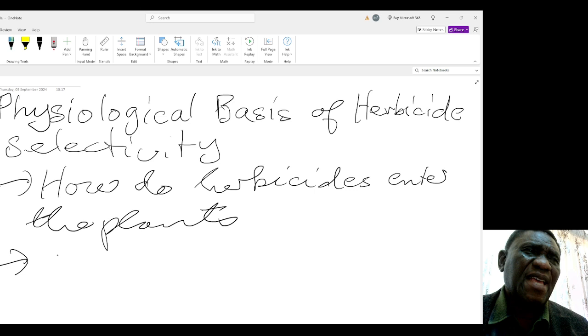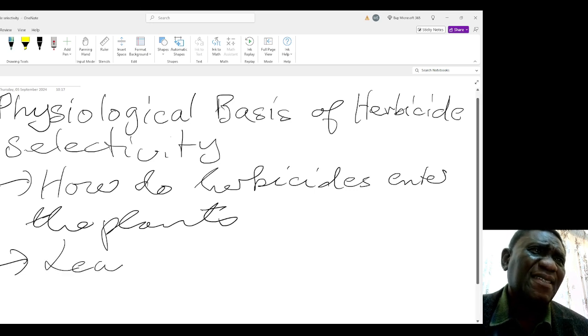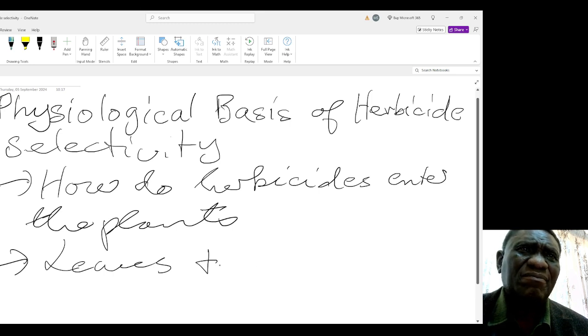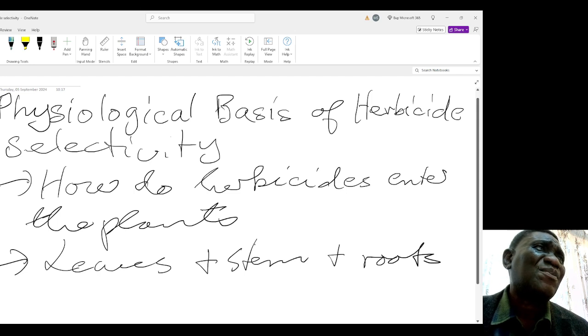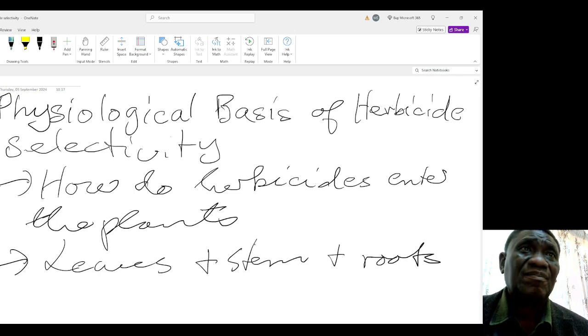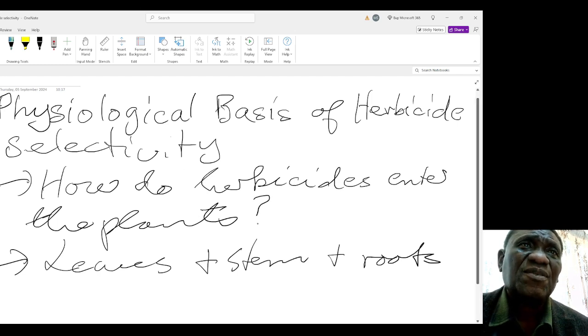Most herbicides enter the plants via leaves, and probably stem and the roots. Okay, I should put a question mark here.